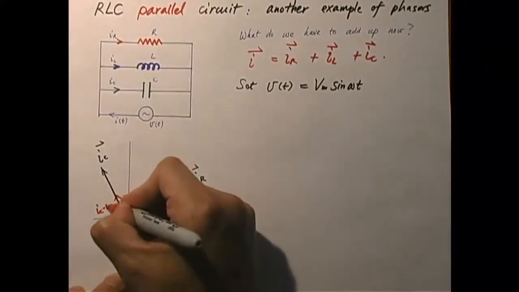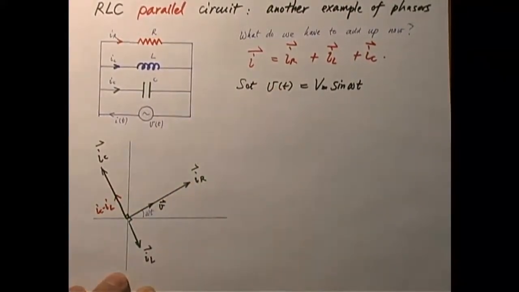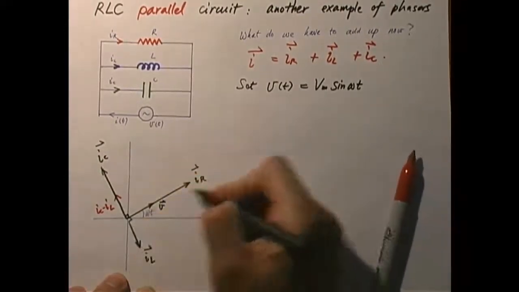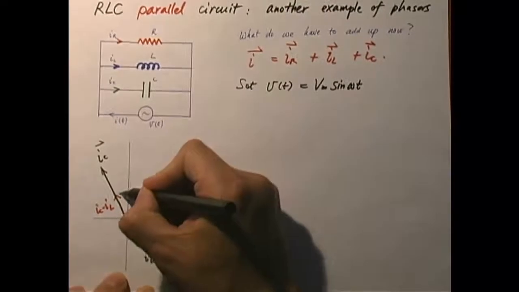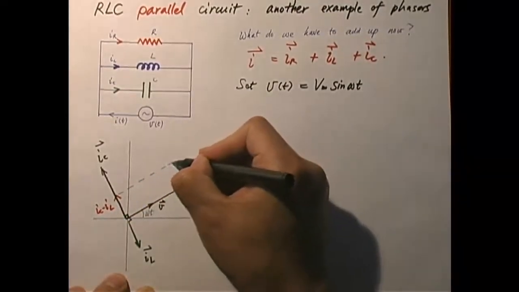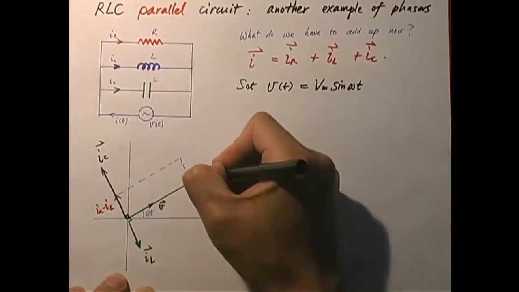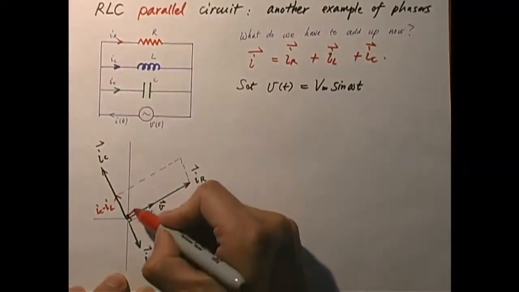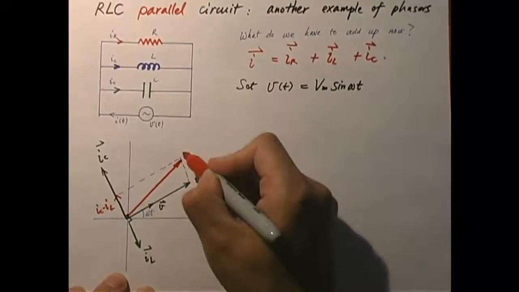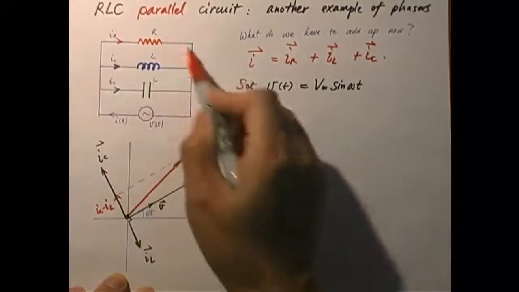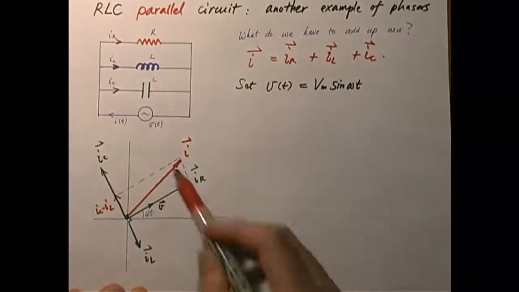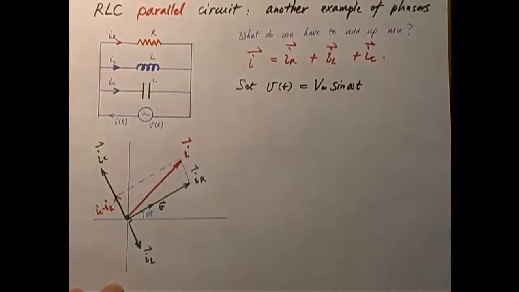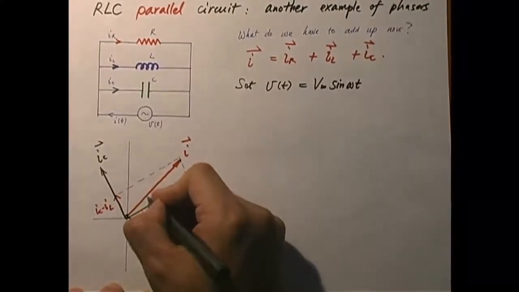And then after that, I'm going to add to IR, right? These two vectors are perpendicular to each other, so I'm going to add them together by drawing this parallelogram, or actually just a rectangle, and I get this resultant current I. That is the whole current running through the EMF. So naturally, you're going to get a phase angle.